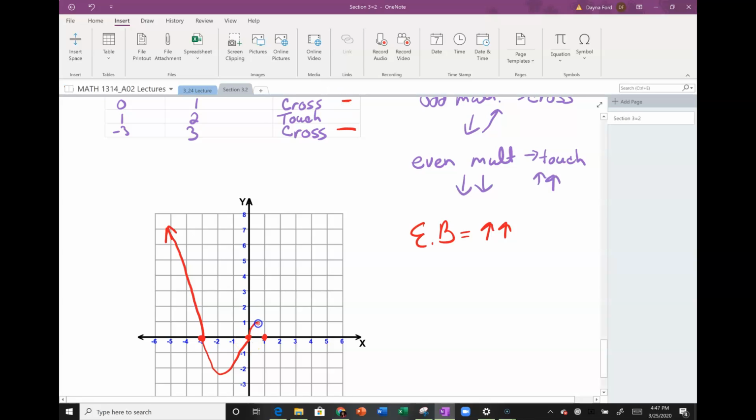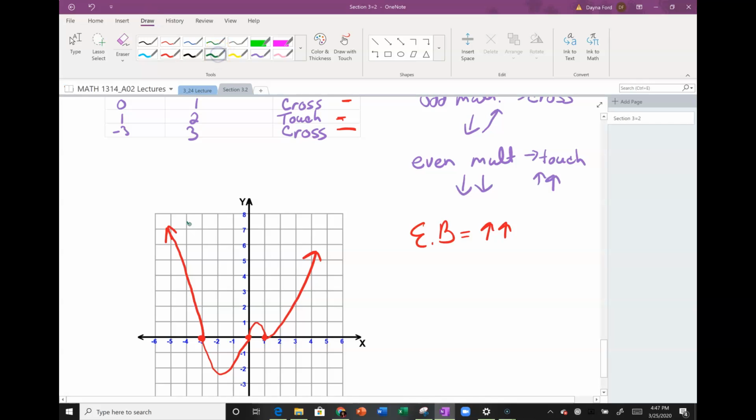So I'm going to cross and I'm going to go to my next x-intercept, which is 1. At 1, it tells me to touch. So I'm going to come here and then I'm going to go back up the same direction that I came from. Doing this, you will notice my end behaviors do end up with the up and up in this case. So you have to pay attention to those end behaviors, to everything.